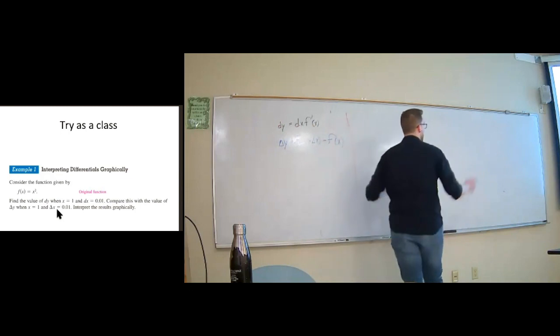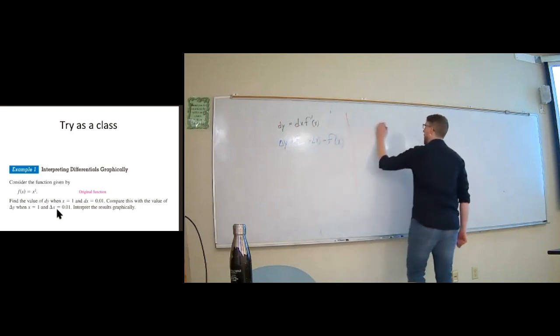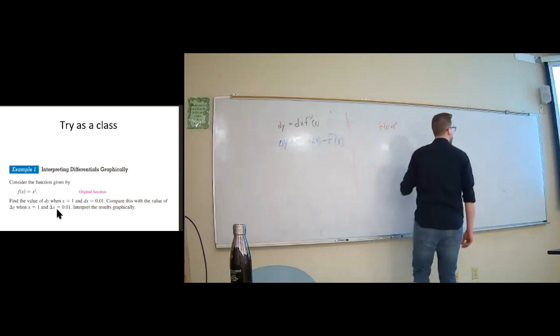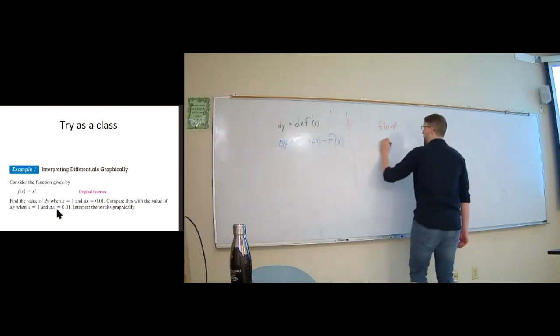Now, in our problem, we're told that our function f of x is equal to x squared. We're told that x is equal to 1, dx is equal to 0.01, so 10 to the negative second, and that we're going to look at delta x on the same scale.